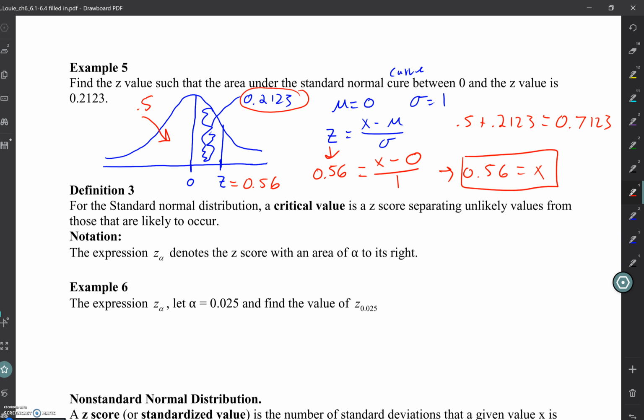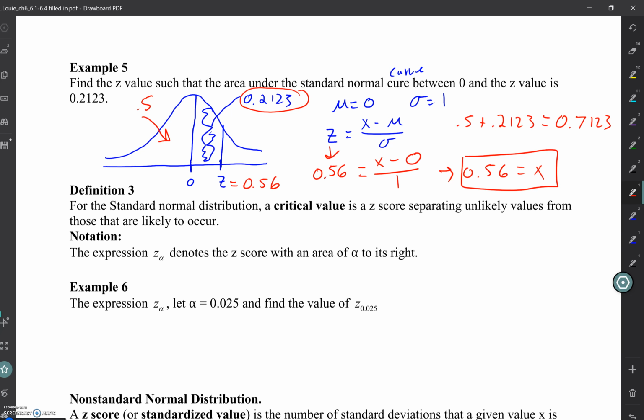Questions on that? Yes? Why did you add a 5? Because remember, your table only gives you the area to the left. So if I want a positive z value that's above 0, I've got to figure out the total area below that amount. And we know that our mean cuts our distribution in half, so half of our probability is below it.